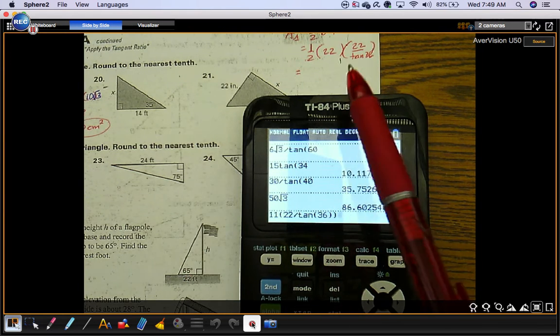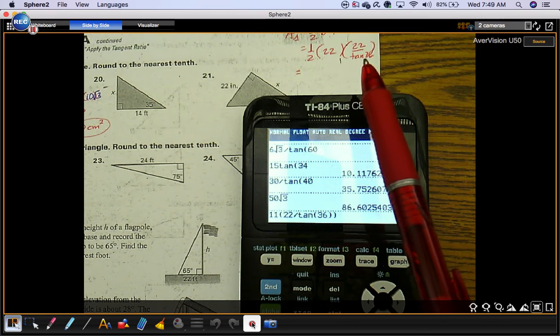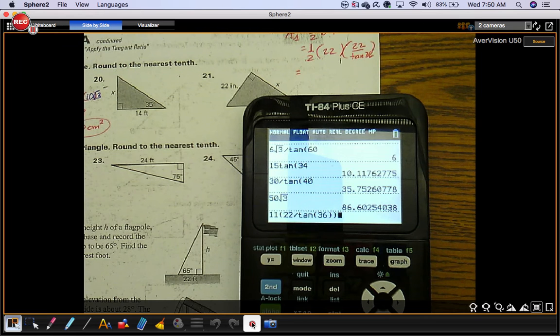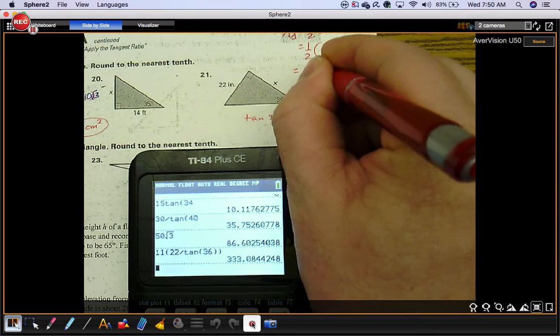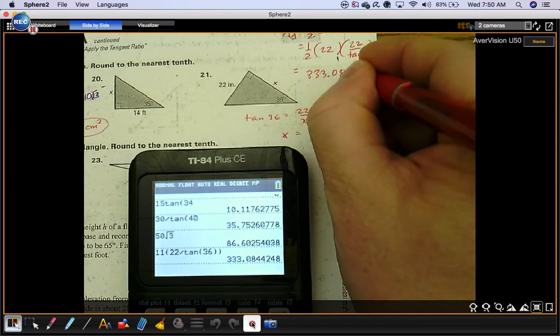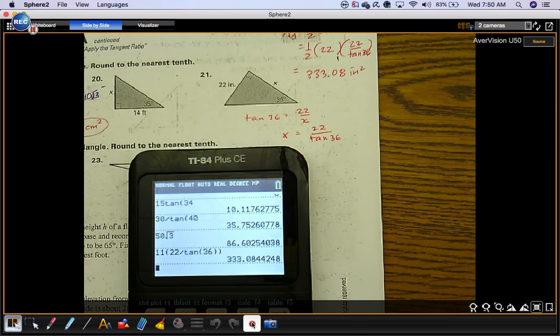If that's the case, maybe just do 22 divided by tan 36, find that number, and then multiply by 11 afterwards. Be resourceful if you don't have a calculator. This is your area, 333.08. And our unit is inches, so inches squared is what we got.